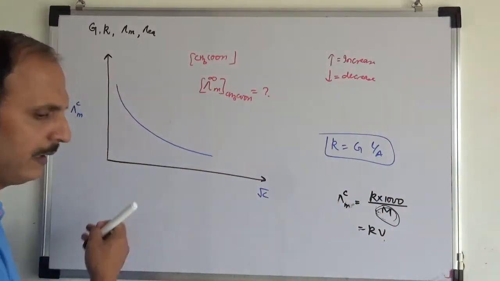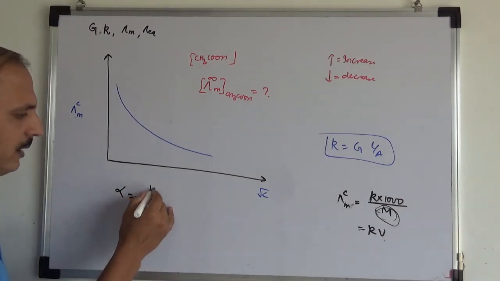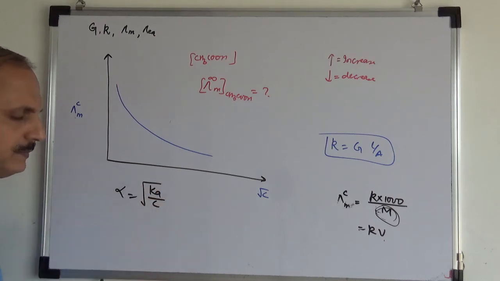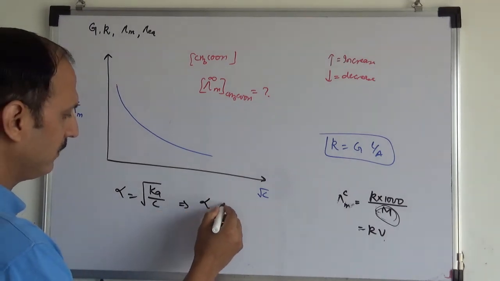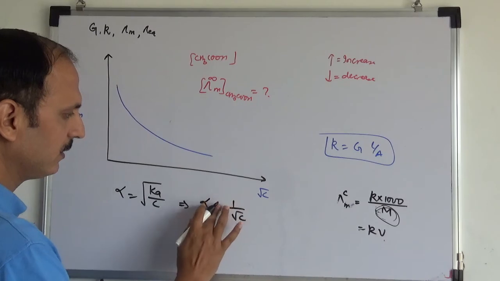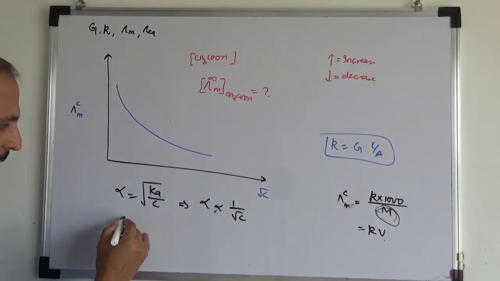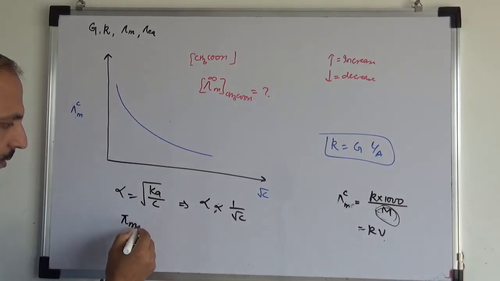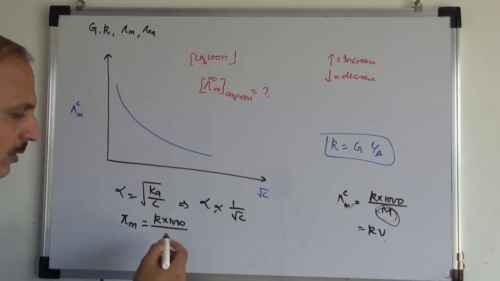As I said, you can think of this graph: alpha is here what, square root of K by C. Alpha is root of K by C, the degree of dissociation, so from here we can write alpha is inversely proportional to square root of C. Molar conductance was K into 1000 by concentration of ions.